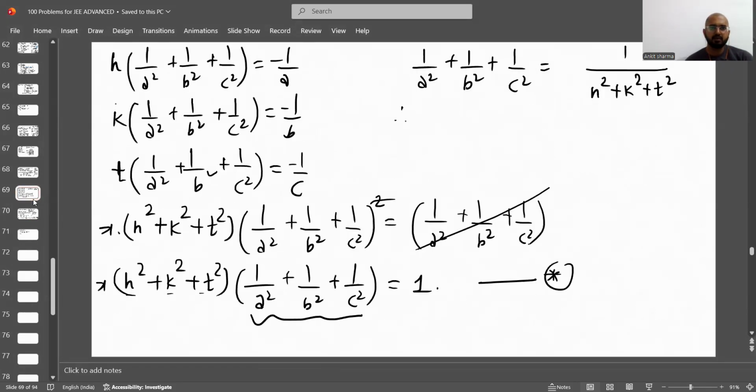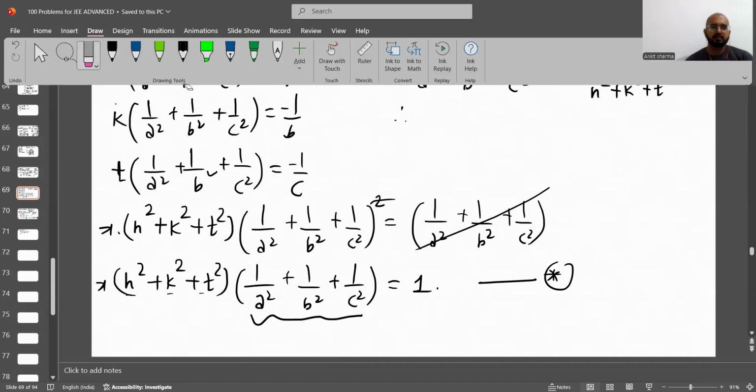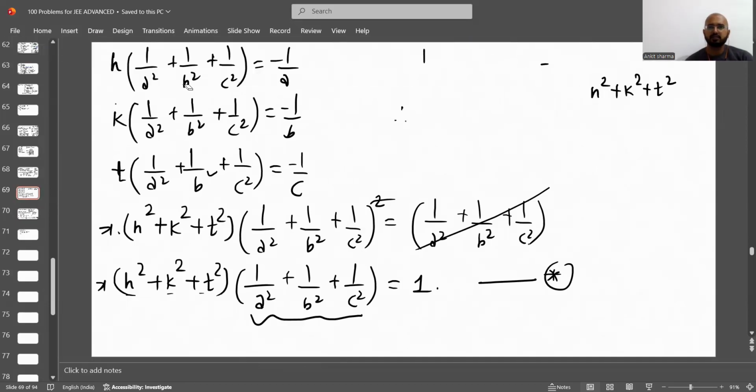So now we have got this thing, and there's no point in writing it again. We already managed to get 1 over A square plus 1 over B square plus 1 over C square.